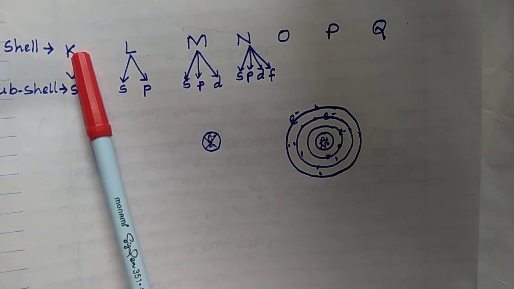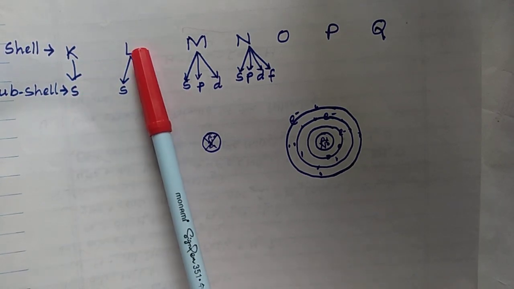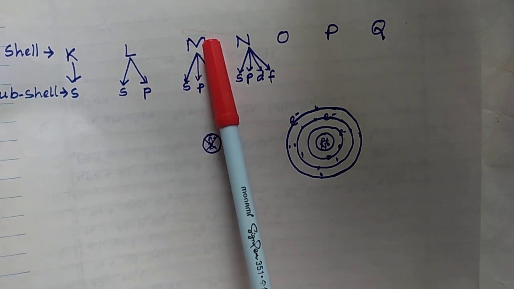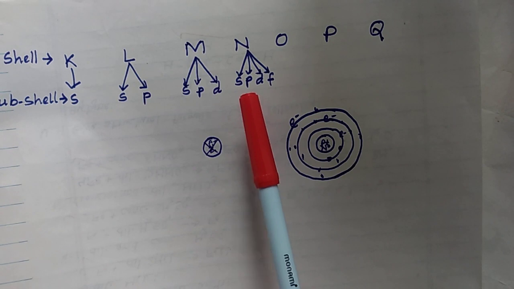For example, K orbit has one subcell, that is S. L orbit cell has 2 subcells, S and P. M has 3 subcells, SPD. N has 4 subcells, SPDF.